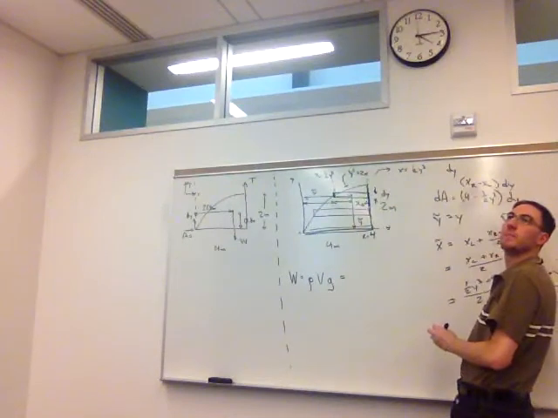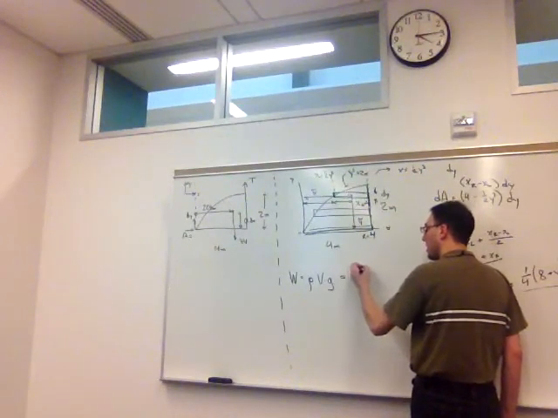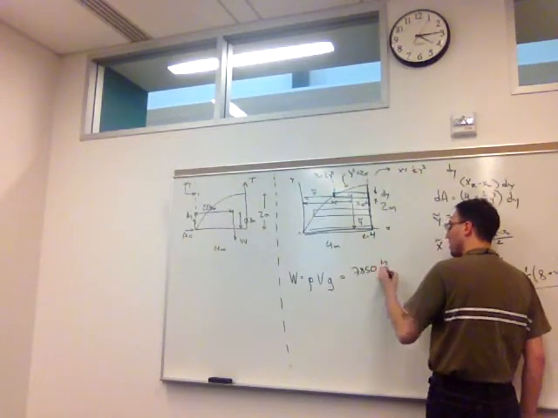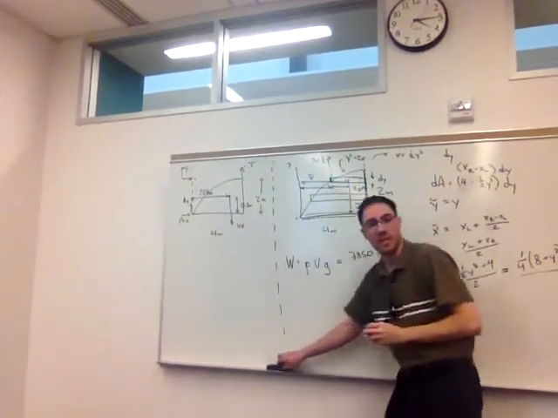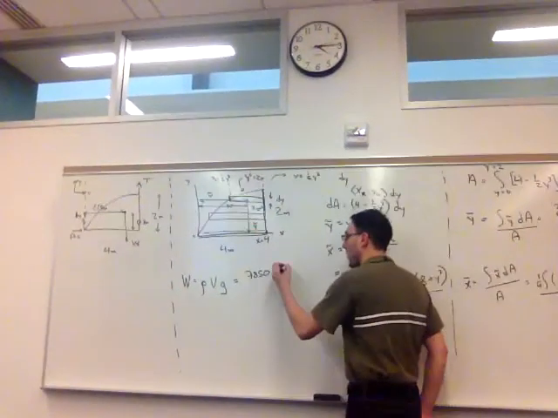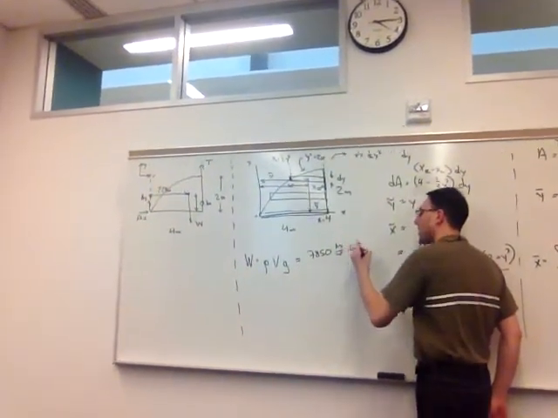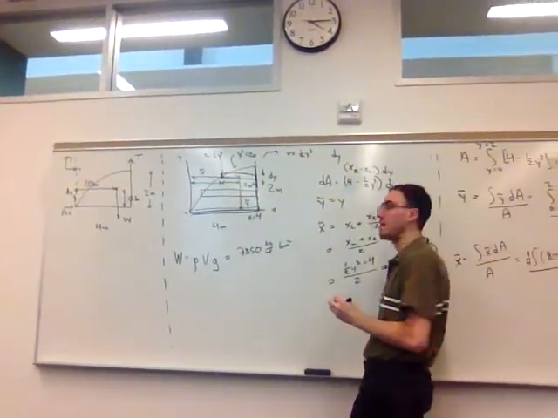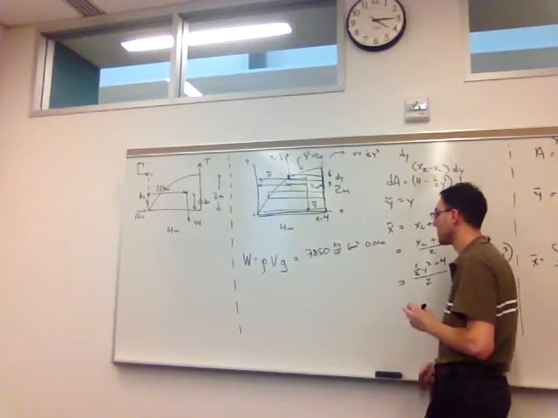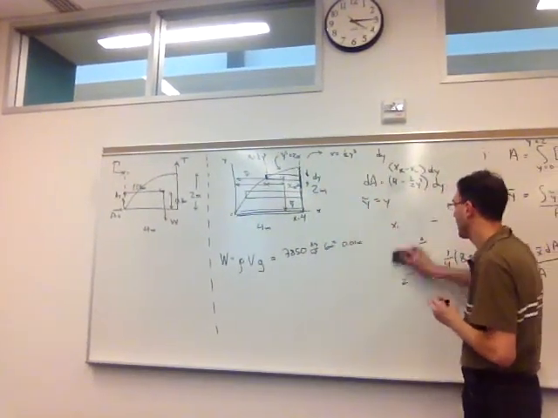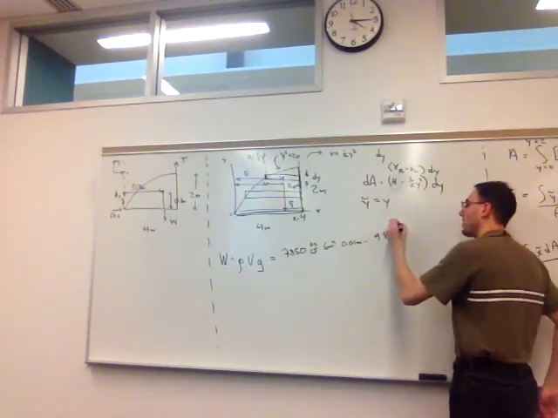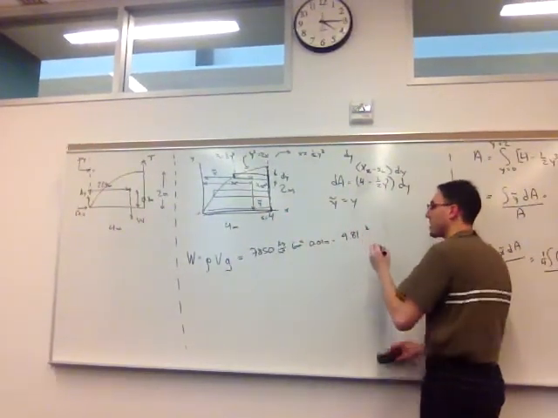So this is going to be 7850 kilograms per meter cubed times volume, which is just the area times the thickness. The area was 6 meters squared times the thickness, which they tell us is 10 millimeters or 0.01 meters, times gravity, which is 9.81 meters per second squared.